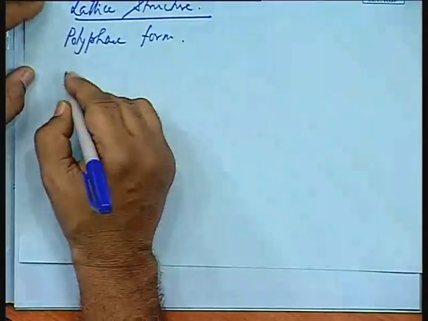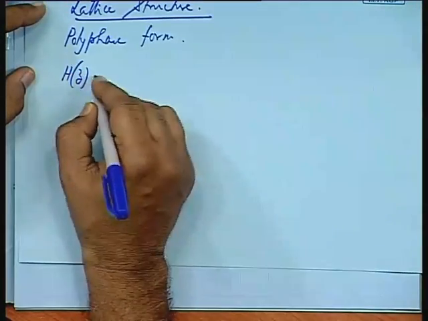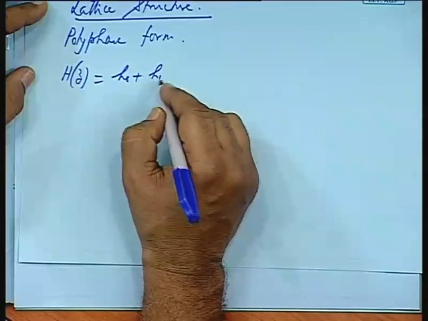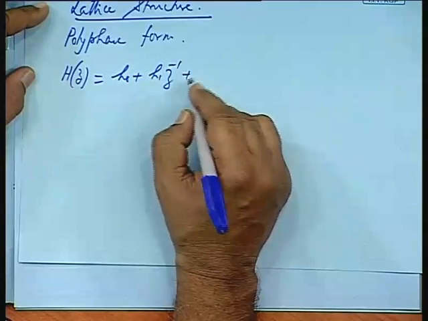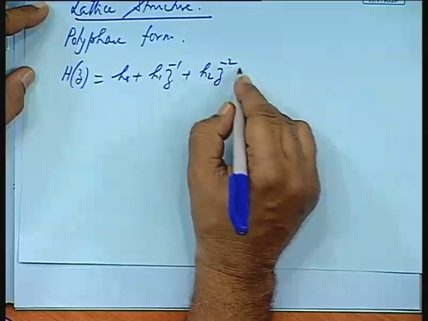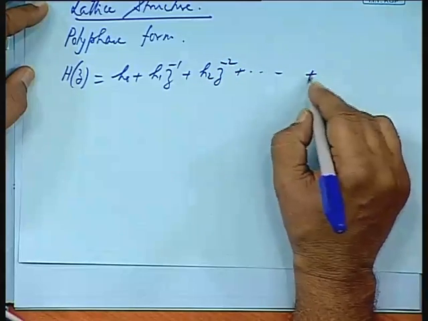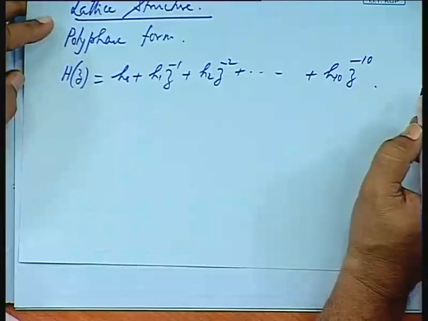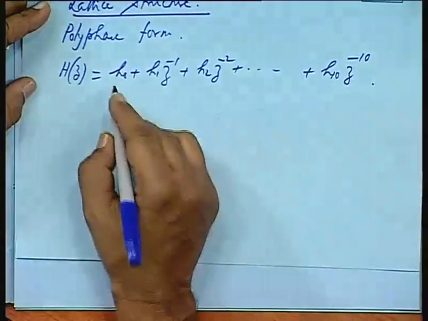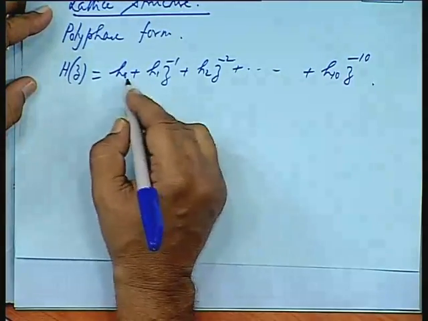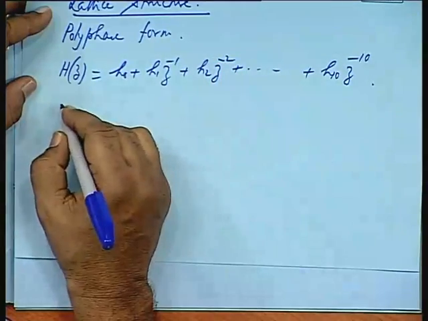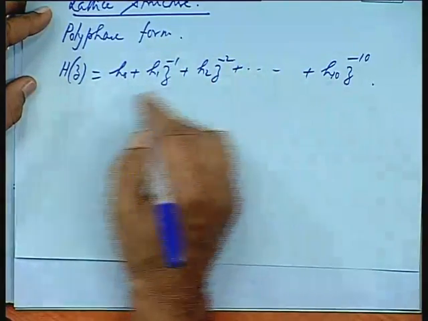It is like this: H(z) I can write as H0 plus H1 Z inverse, say up to H10 Z to the power minus 10. Okay, I can pick up the alternate terms, that means even terms and odd terms.